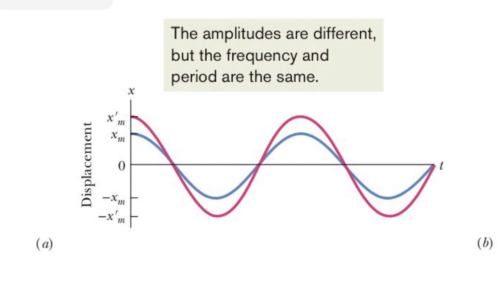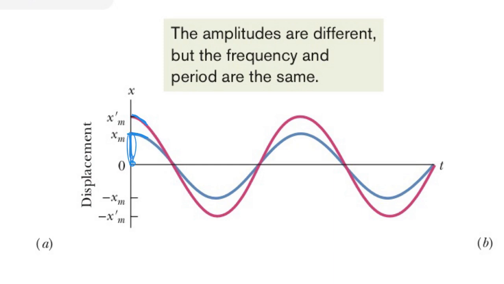For example, you will see that the blue one has a different amplitude from the pink one. Why? Because you can see that for the blue one, the amplitude is xm, from 0 to here.